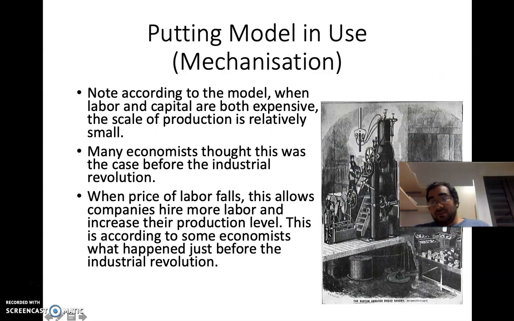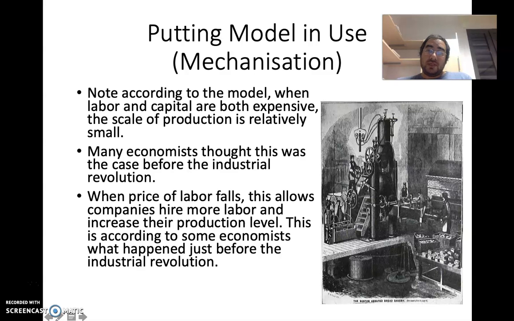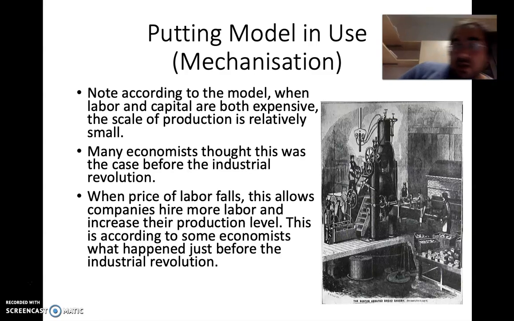Well, of course, this analysis still needs to be tested and is not necessarily completely true. But I just want to show you how the model can be applied to make some historical analysis.